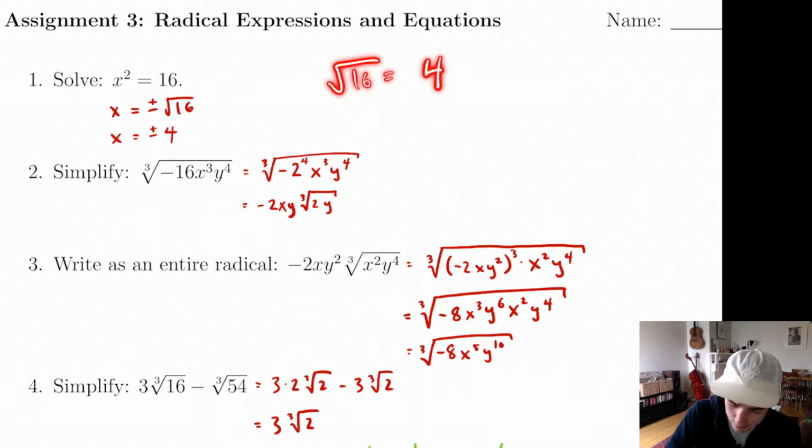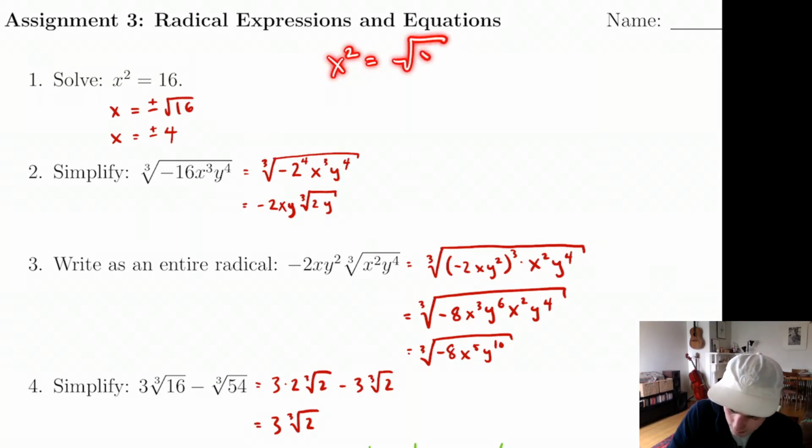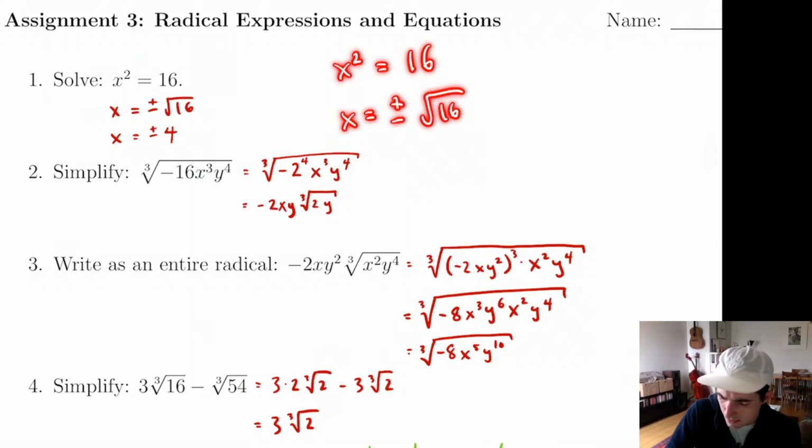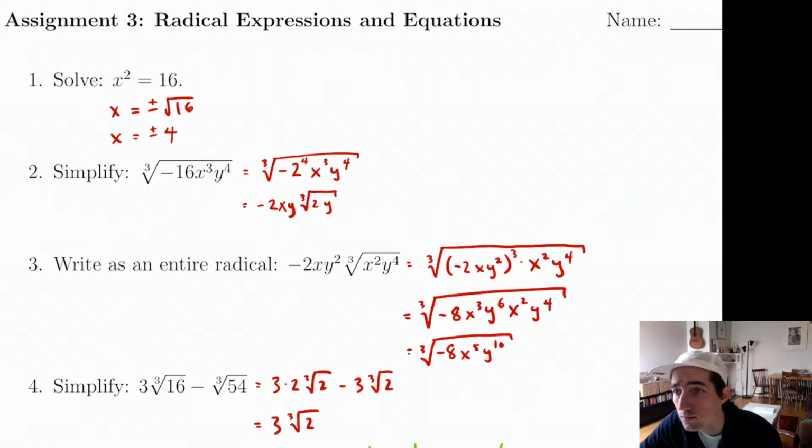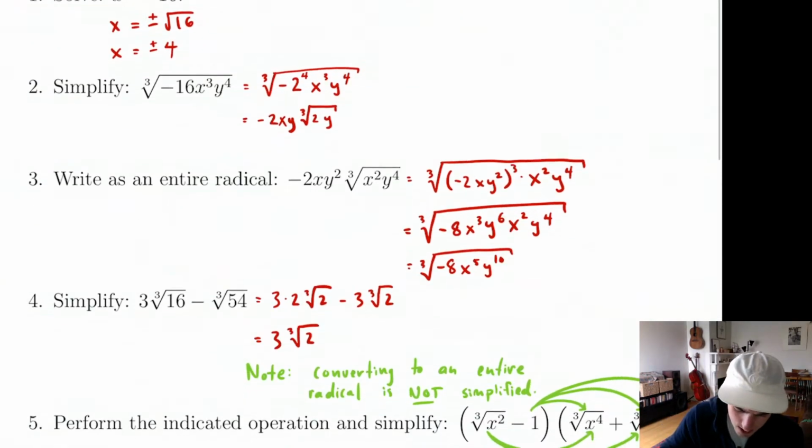But when you're solving, if x squared is equal to 16, then x is equal to plus or minus the square root of 16, because you could have negatives in there. Negative 4 squared is positive 16.